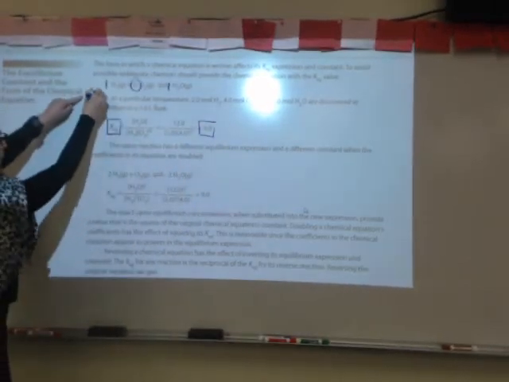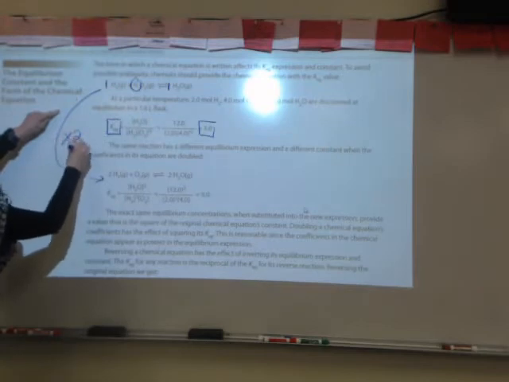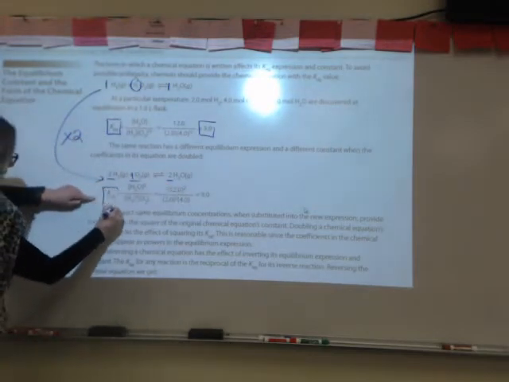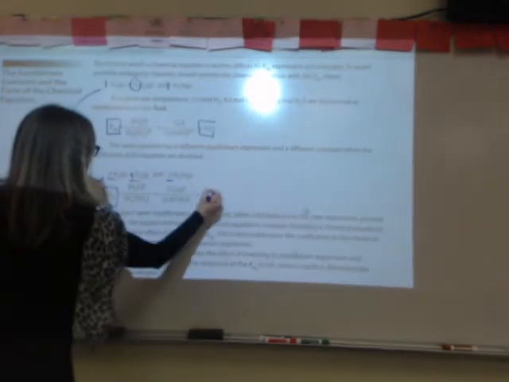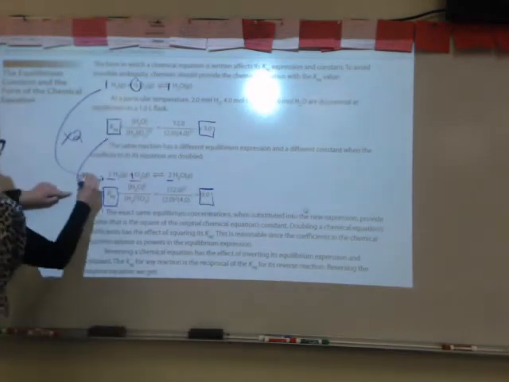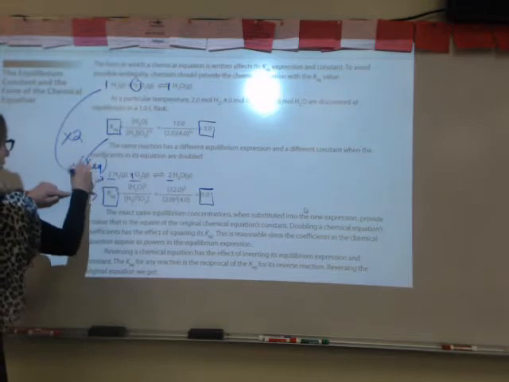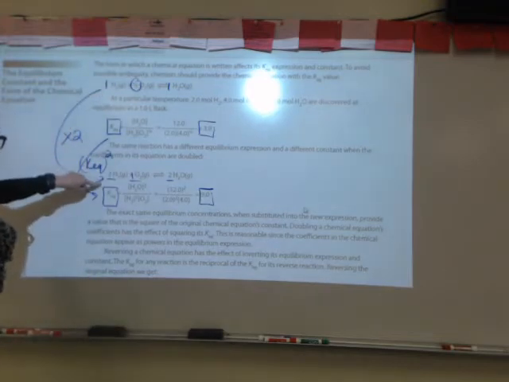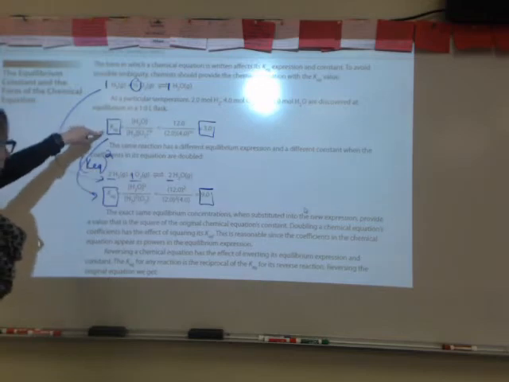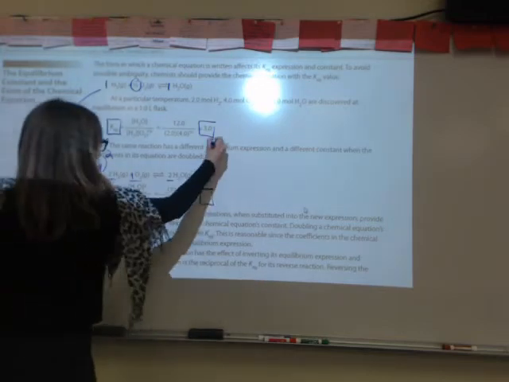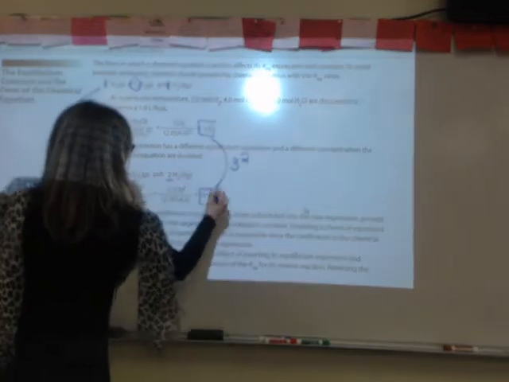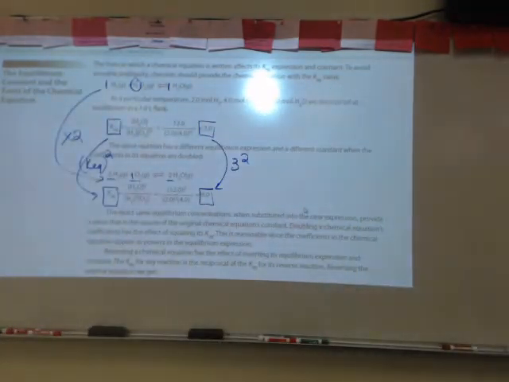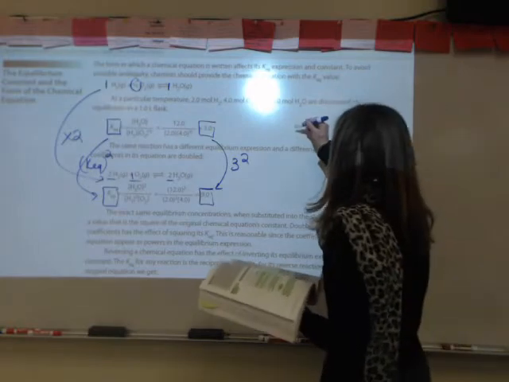If I take this reaction and I multiply it by 2, I get 2, 1, 2 for the coefficients, and the KEQ value is now going to be squared. So if you multiply a reaction by 2, the KEQ will become squared. So that's how they get 9. 3 squared gives you 9. So doubling the coefficients squares its KEQ.